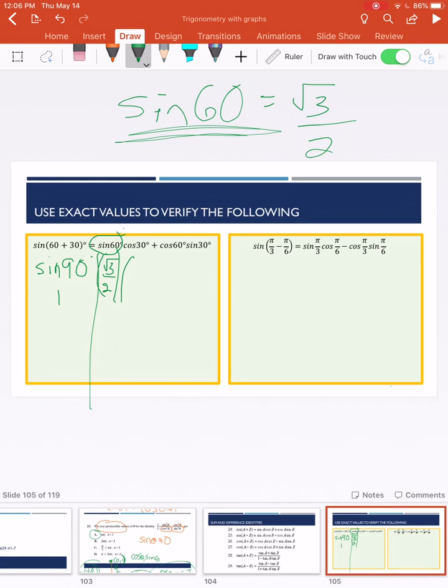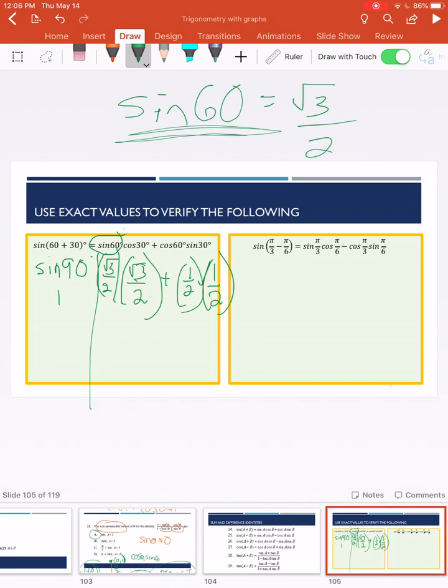Cos 30 degrees also equals root 3 over 2. And again, this is coming straight from your unit circle. Cos 60 degrees equals 1/2. Sine 30 degrees equals 1/2. Okay, so now let's go ahead and simplify the right side here.